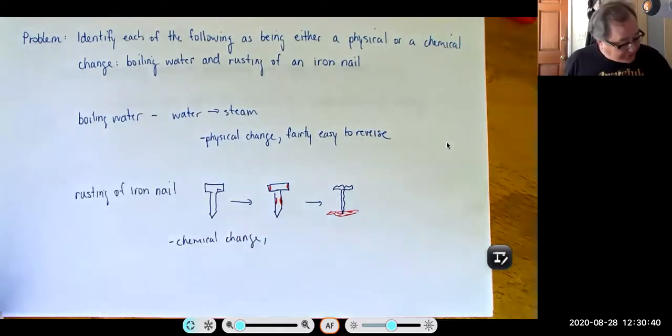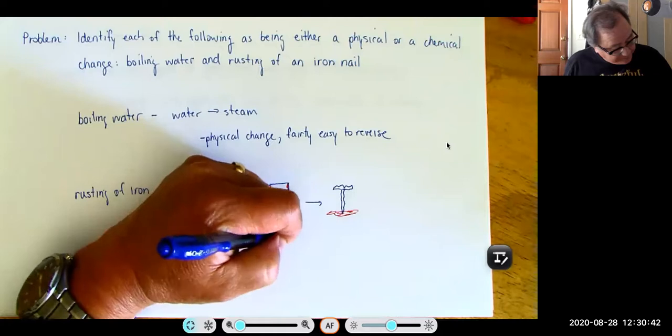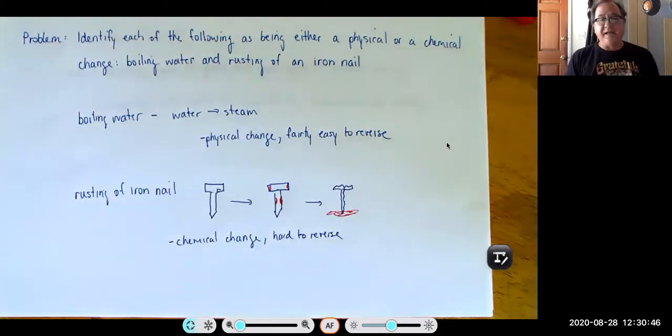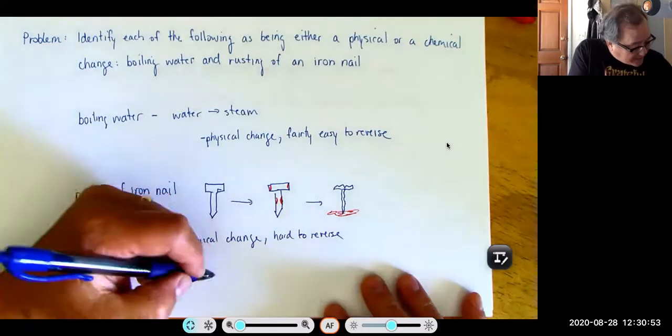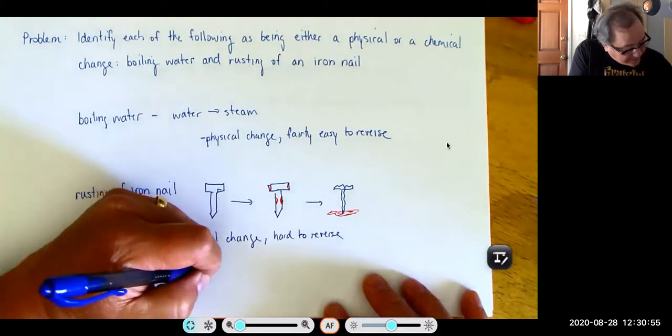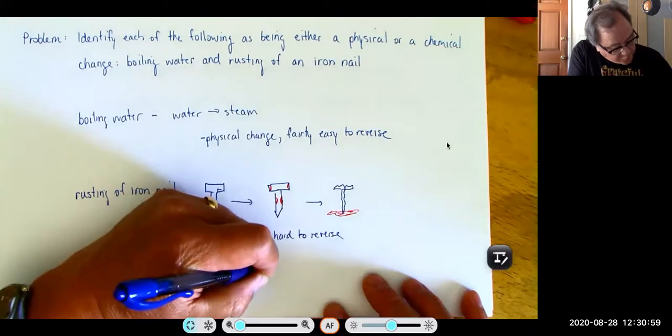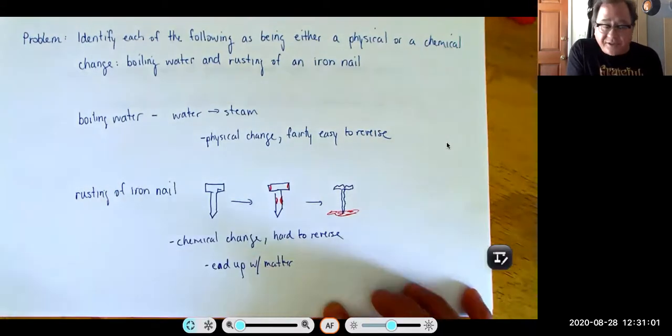Hard to reverse. I mean, if we could unrust nails, you know darn sure we would unrust our cars. Hard to reverse. And here you end up with matter that has a different set of properties.